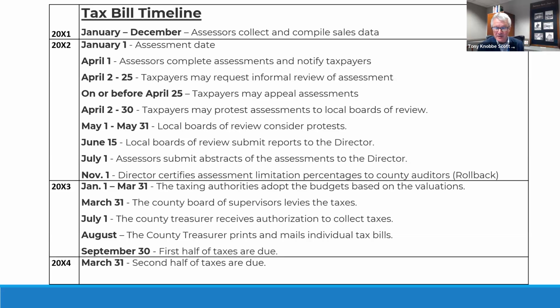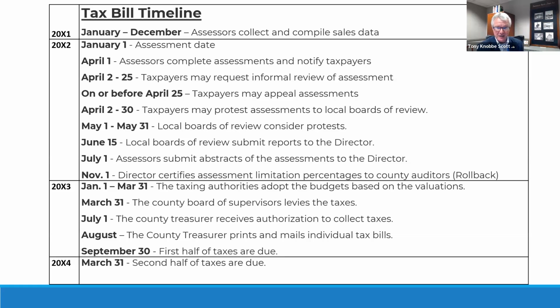And I'm happy to say, I'm kind of proud to say that both of our assessors, using the 2022 sales data, both averaged 99% of sale price value in their assessments this last year. In a very volatile market, I'd say that's pretty good.